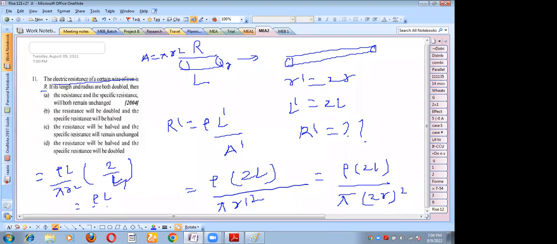So we can say it is rho L by A into 1 by 2. So what will happen? The resistance will be half and the specific resistance will remain the same. So your answer was correct. Understood this one? So C is the right answer.